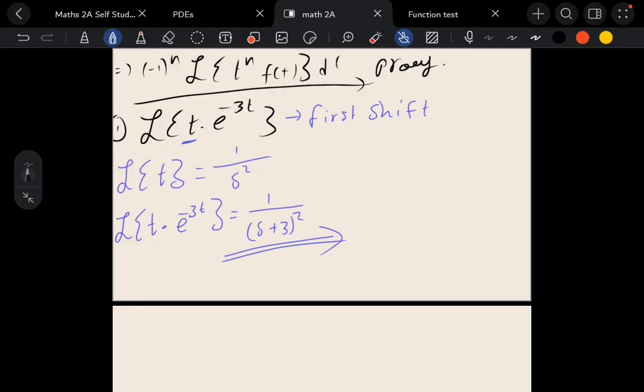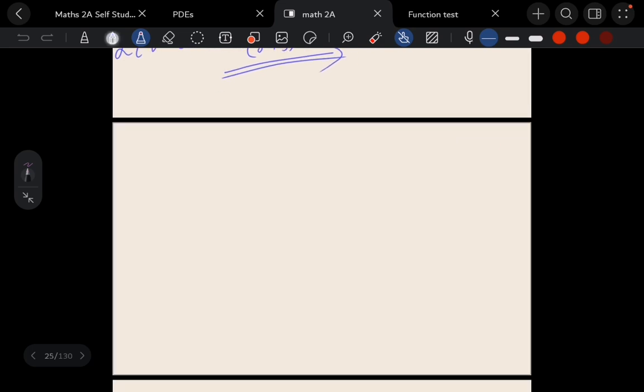Now, how would you find the same Laplace transform using the theorem, the multiplication by t theorem? I want you to look at this.